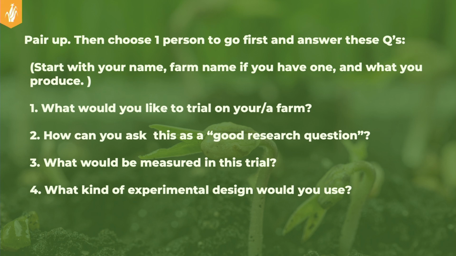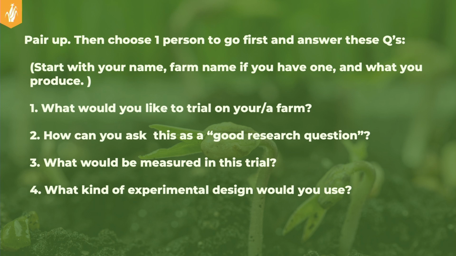I'm going to go through the next steps later, but here I want to pause and we're going to do a little discussion activity. And I'd like you to pair up with someone. I recommend that you choose someone that maybe you don't already know. And you can choose one person to go first, and we're going to take about 6 minutes for that first person to go through these 4 questions.